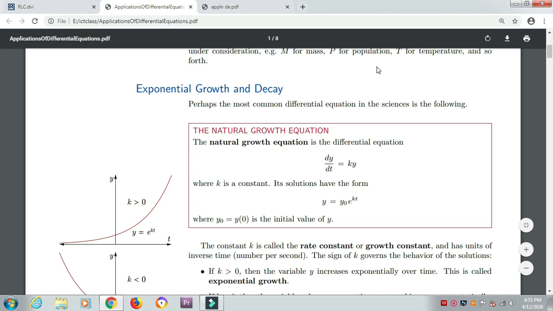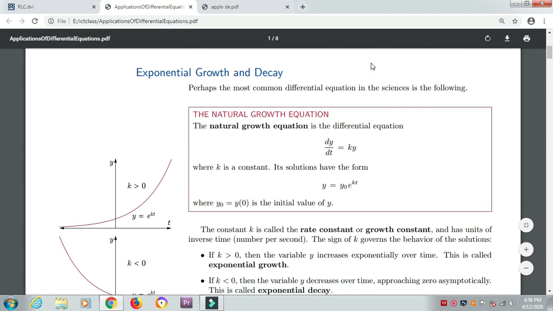The natural growth equation is dy by dt equal to k into y. Here the given system is y in terms of the time variable t, so we can write the rate of change as dy by dt. So y is the system, it depends on the independent variable t, where k is a constant.